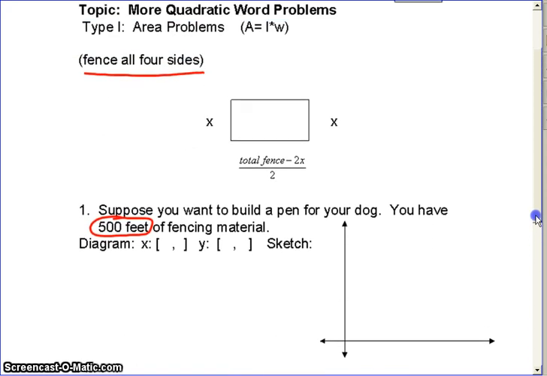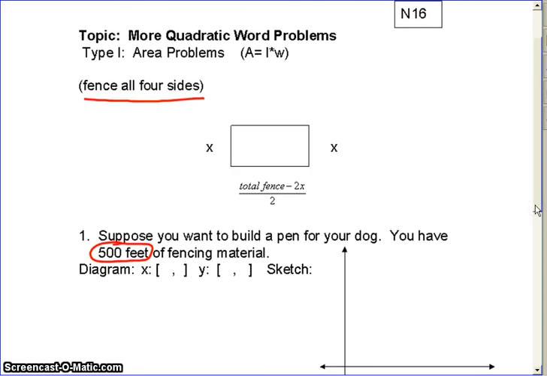Okay, let's go back up to the top again. Area equals length times width. I have 500 total feet of fencing to use to build this. So 500 minus 2x divided by 2, that represents the length only. I have to multiply length times width.